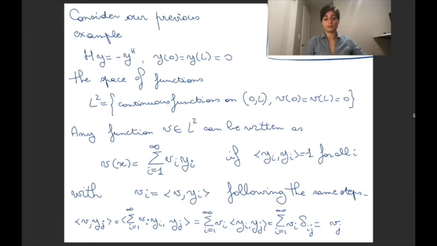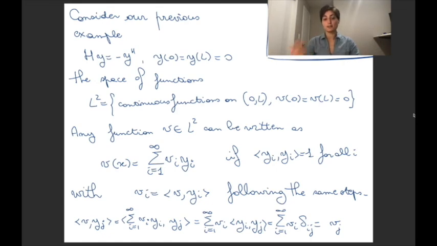On top of the fact that we can do it, we also know that the coefficient that we need to use is the inner product of the function v that we're looking at with the eigenfunction we're looking at.